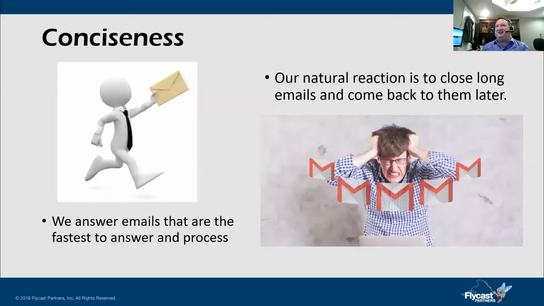If I just flip them back to unread, that says there's some interest. I may look at it again. I may never look at it again. If I flip it to unread and I flag it in my outbox for follow-up, then there's an action item or something that I have to do. So there's all kinds of methodologies that you can put into place to help you be more efficient. And if somebody says, you're no good because you don't have a zero inbox, you can tell them I said they're not smart.